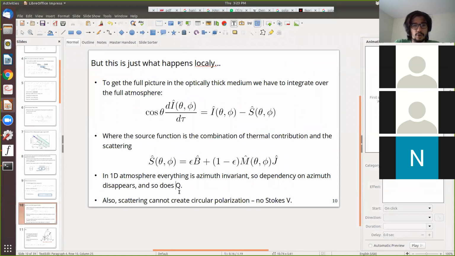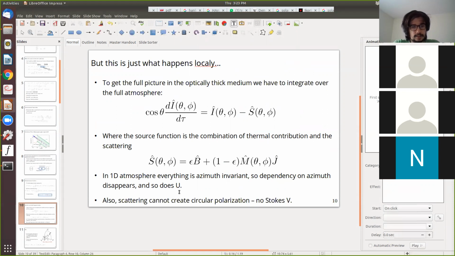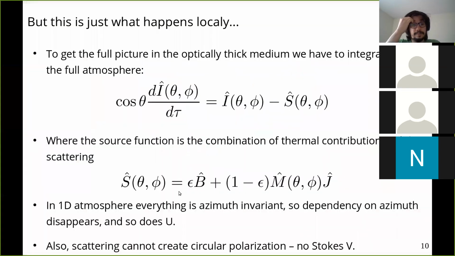So does U. So I only have I and Q, and I have shown you some of these before, right? And in the scattering, there is no circular polarization once again, so no Stokes V.